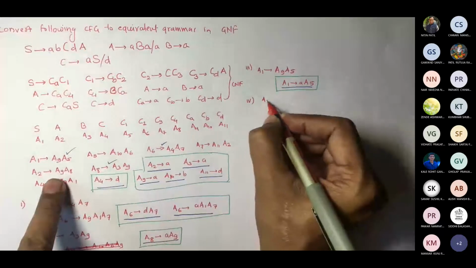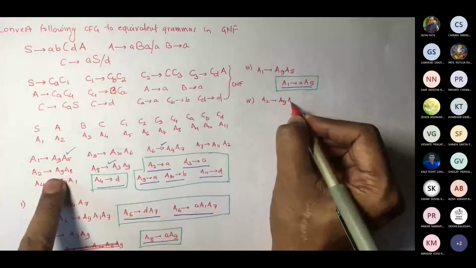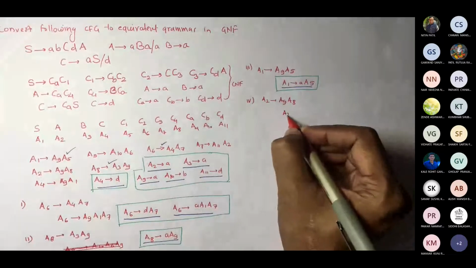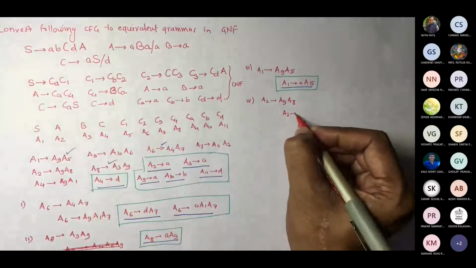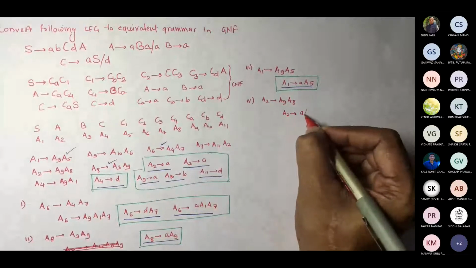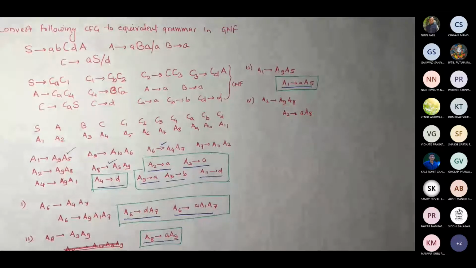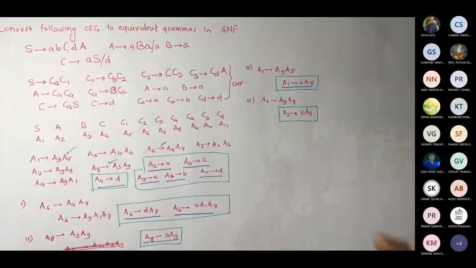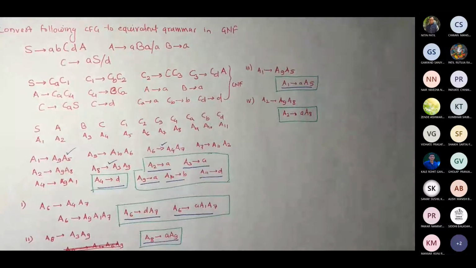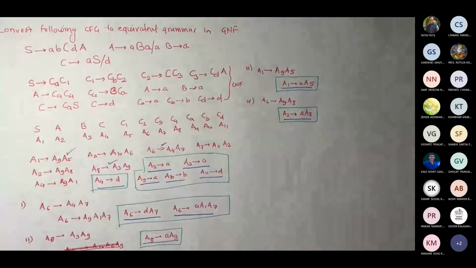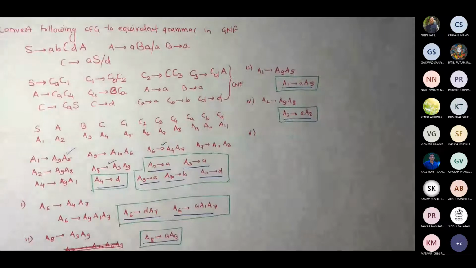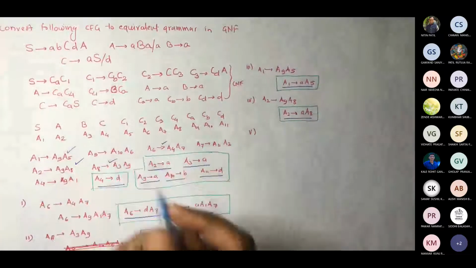A2 gives A9, A8. Correct? What is A2? A9 is only one value, so it would be A8. Correct? So this is also done. Fine. Fifth. A2 is done, so this is done.